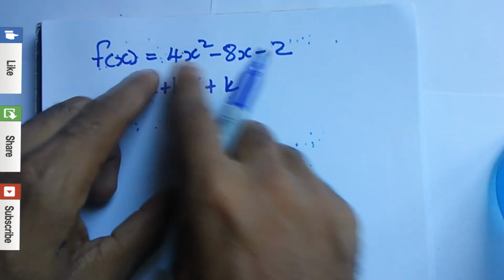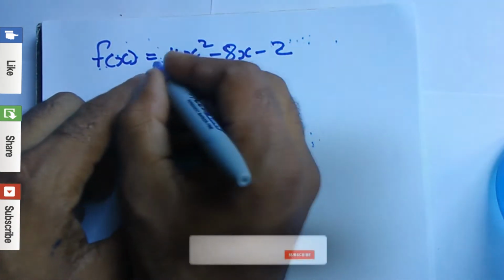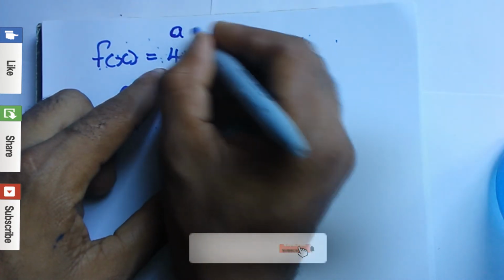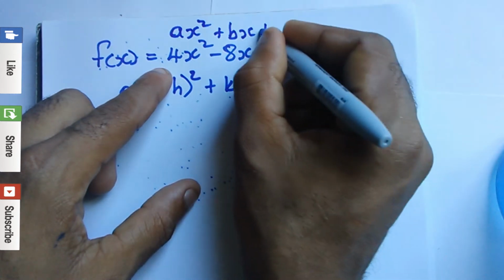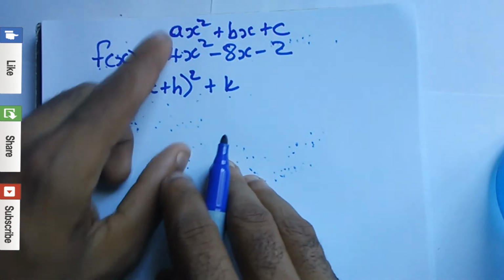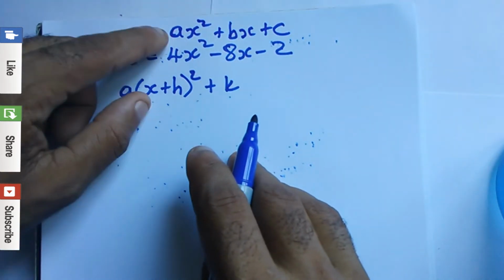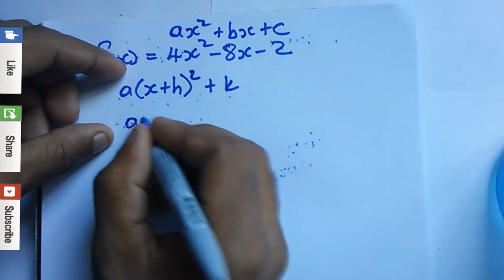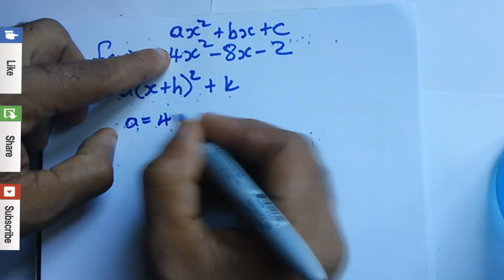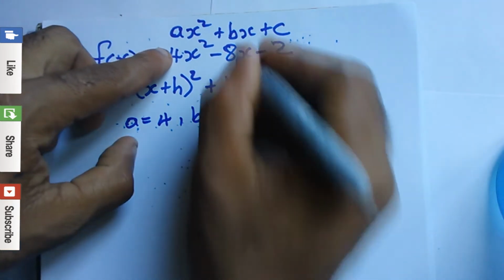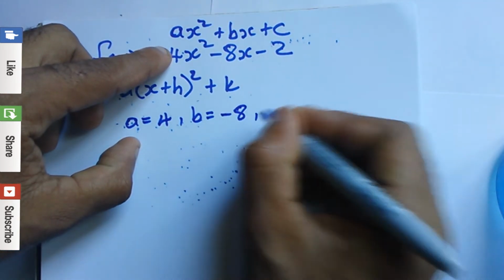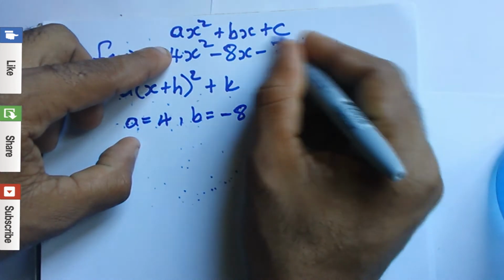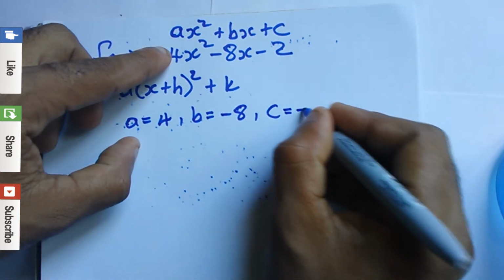This quadratic is written in the form of ax squared plus bx plus c, so we can determine what a, b, and c are. So a is equal to 4, b is equal to negative 8, and c is equal to negative 2.